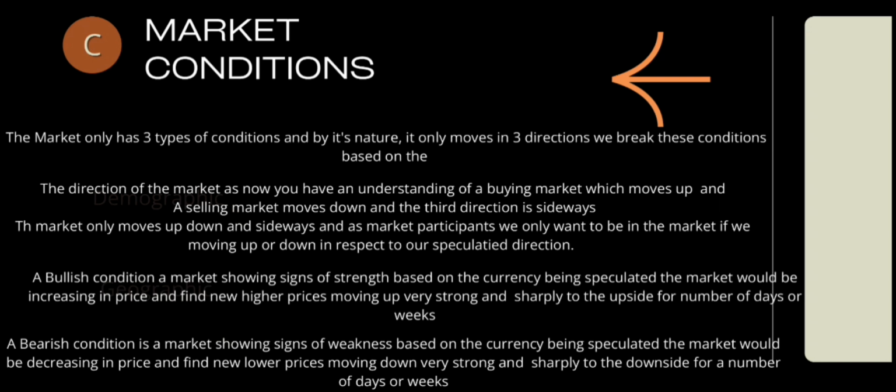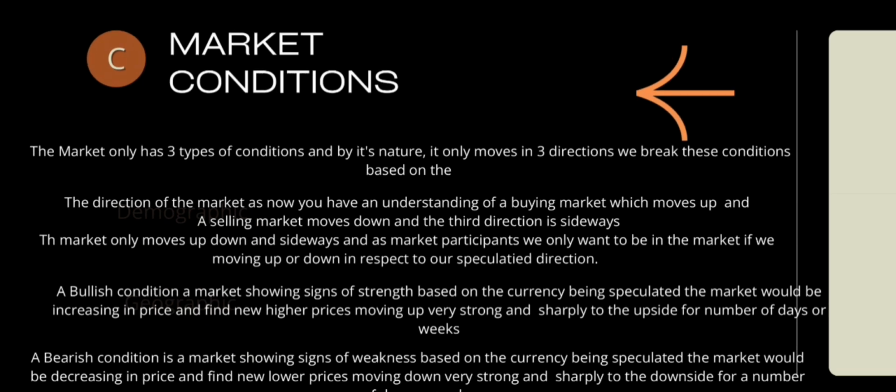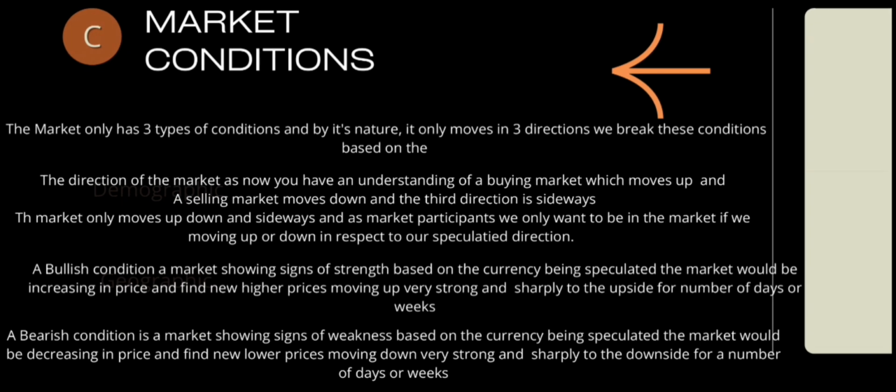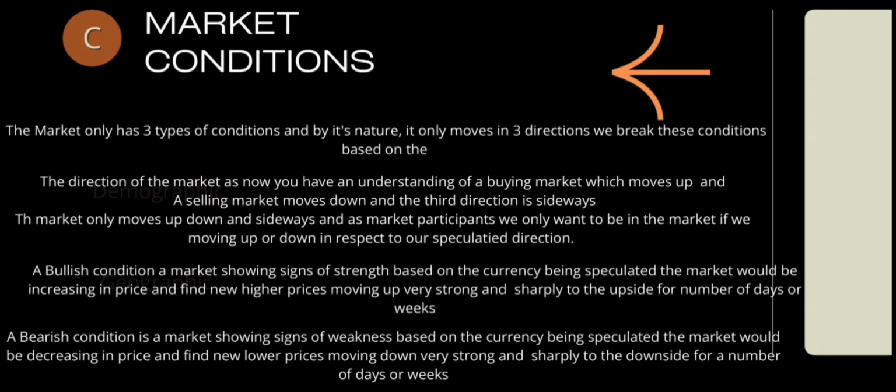Okay. So a market only has three types of conditions, and by its nature, it only moves in three directions. We break these conditions based on the direction of the market, as now you have an understanding of a buying market which moves up and a selling market which moves down. And there is a third movement.